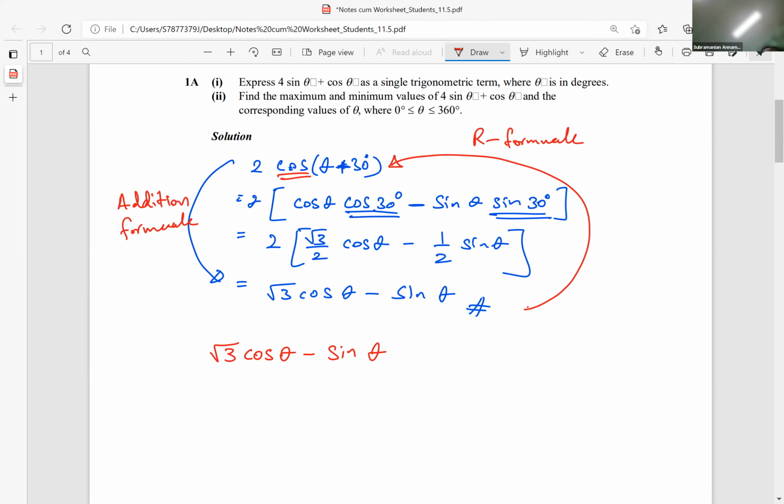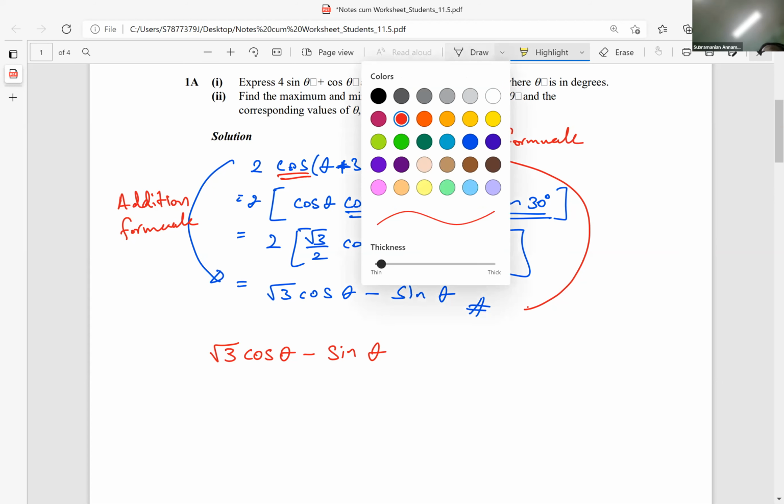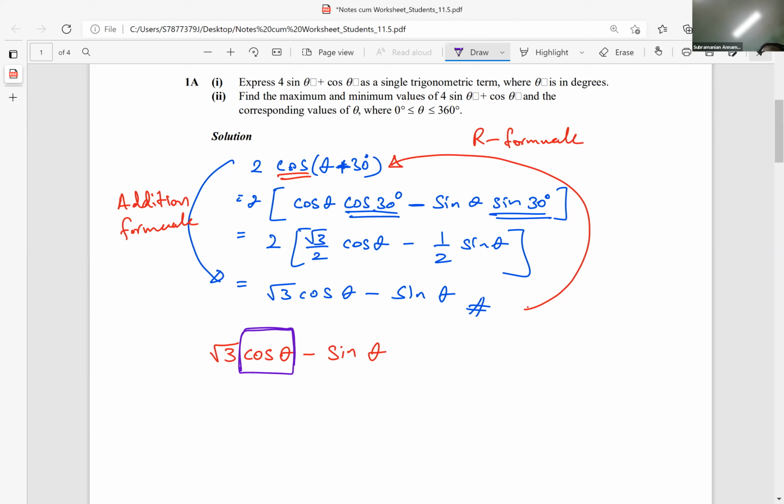The trick is to look at this. Okay, I can't highlight. Wait. I need to look at this. The trick is to look at this. Okay. So if you start with cosine, then usually your formula will also start with cosine.